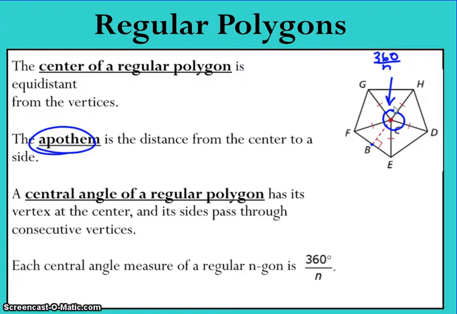It is also divided in this case into 5 equal corners because it's a pentagon and it has 5 central angles. So in order to find this angle, I would do 360 divided by 5. And when you type that into your calculator, you get 72 degrees. That is very, very important.